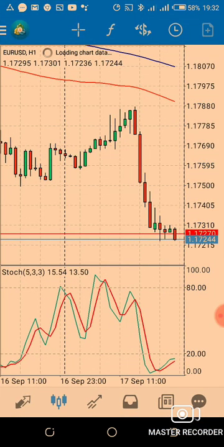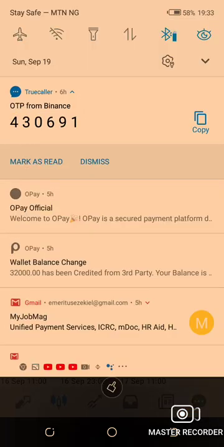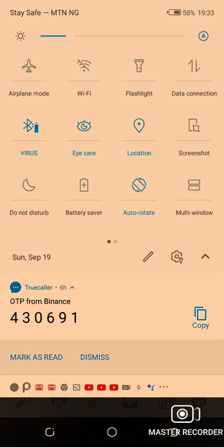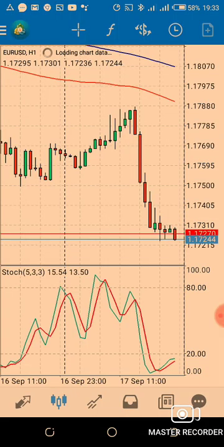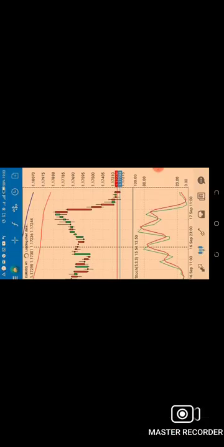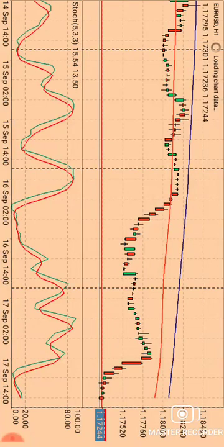Now this is my chart. I want to put it on landscape so that you can see it properly. Another thing is I want to remove the stochastic oscillator first. I will return it later.